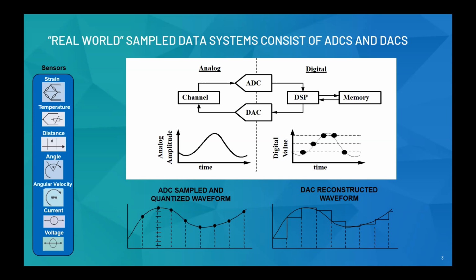These all give parameters in analog voltages that vary with time, as shown in the diagram above. This is not understood by our controller or DSP, so we need an ADC to convert this signal into digital data.